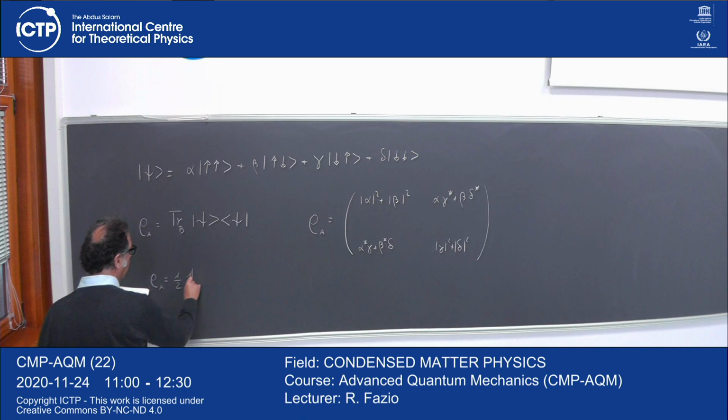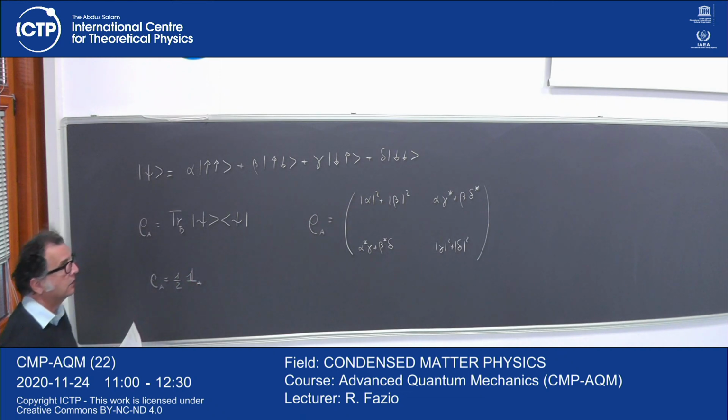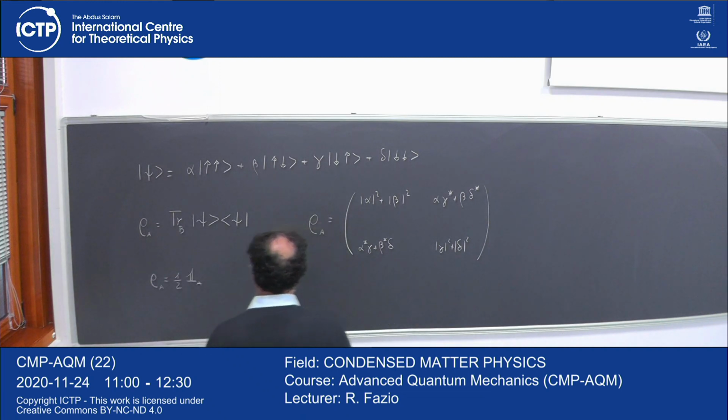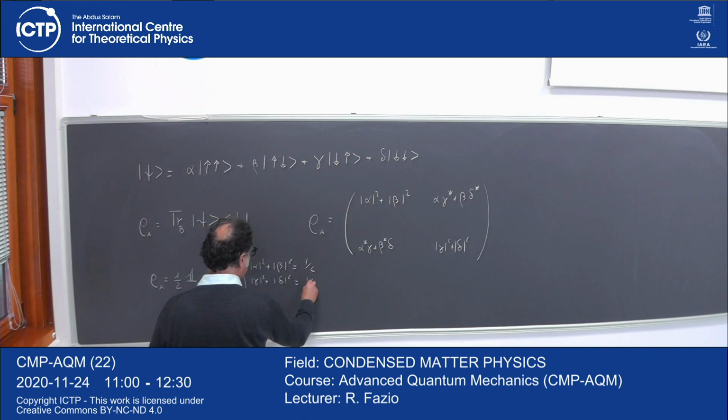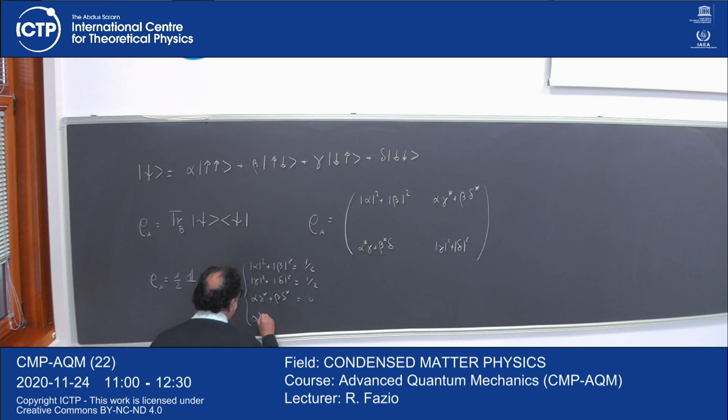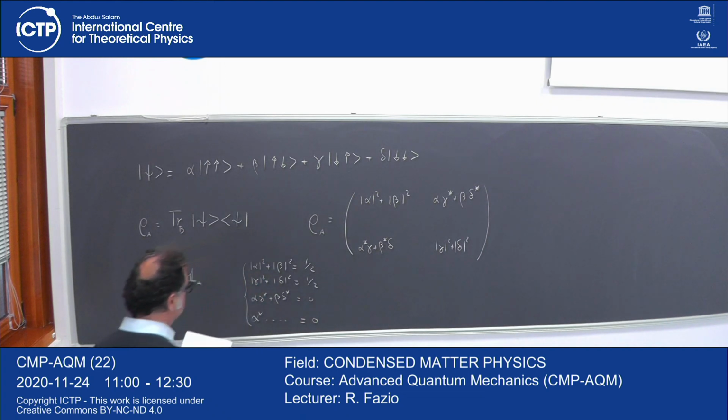So it's 1/2 the identity of A. Which means that we have to solve this set of equations, that is alpha square plus beta square is equal to 1/2, gamma square plus delta square is equal to 1/2, and then we have alpha gamma star plus beta delta star equals 0, and the other thing, alpha star gamma plus beta star delta equals 0.